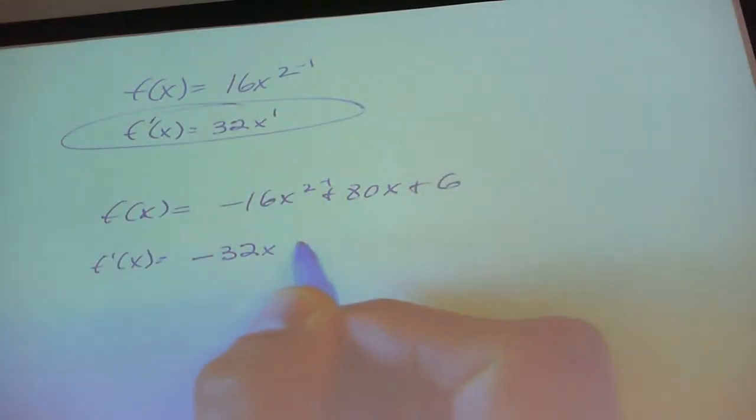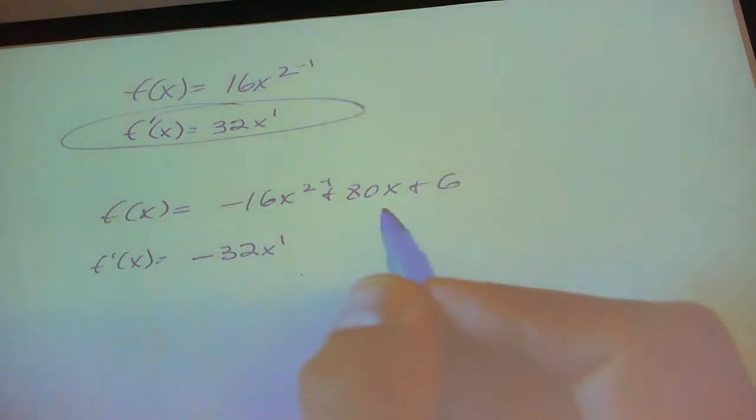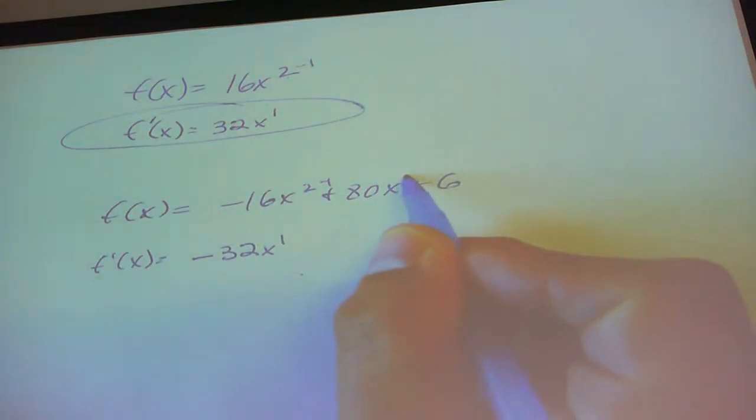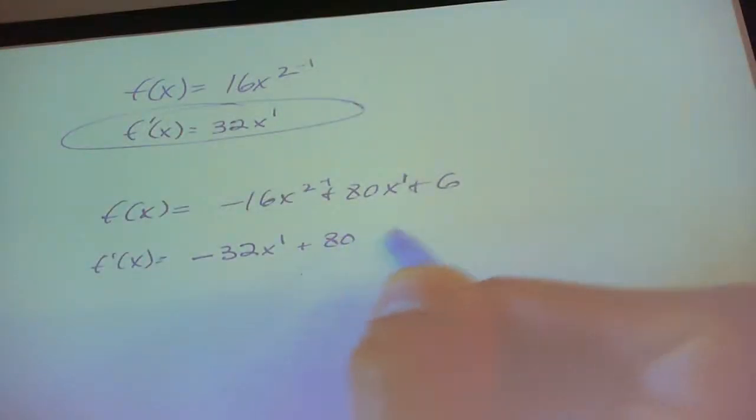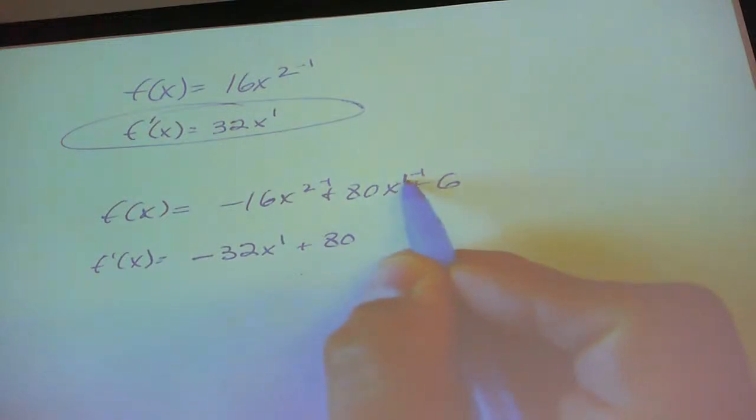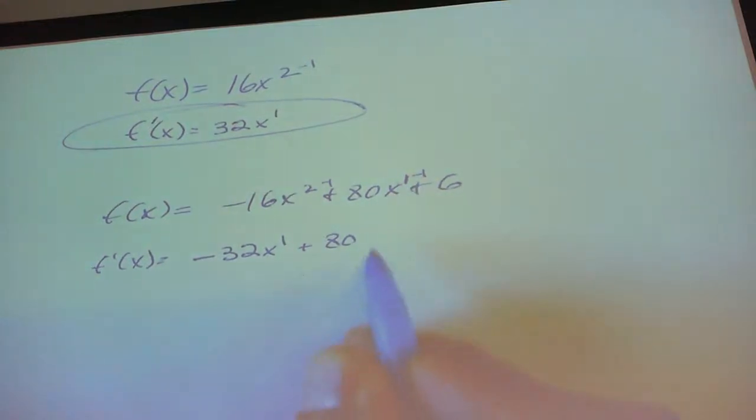Negative 32. Subtract 1. What's 2 minus 1? Stop there. Any questions there? Now, 80x is really 80x to the 1. Are we okay with that? What's 1 times 80? And then we subtract 1. What's 1 minus 1? So no more x.